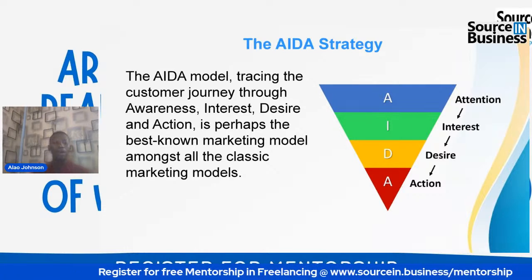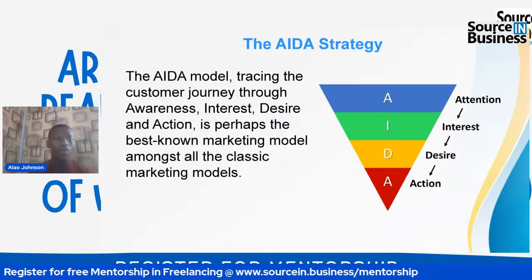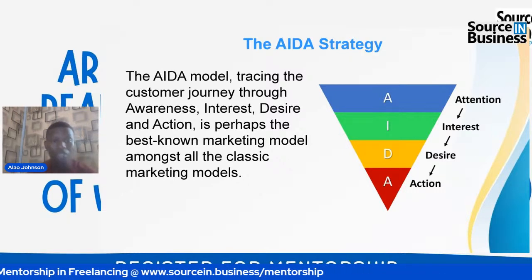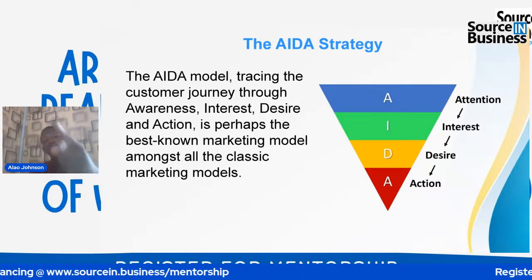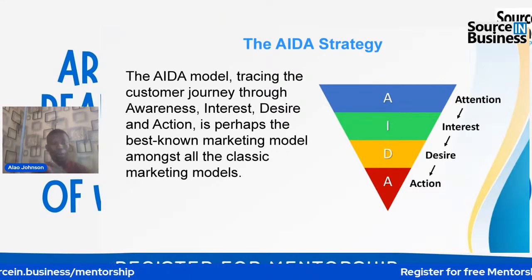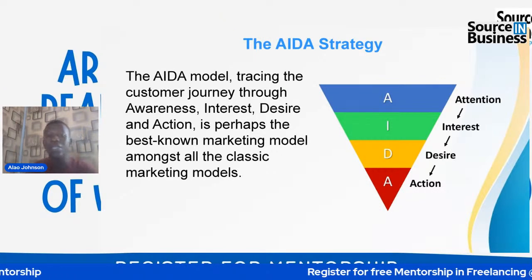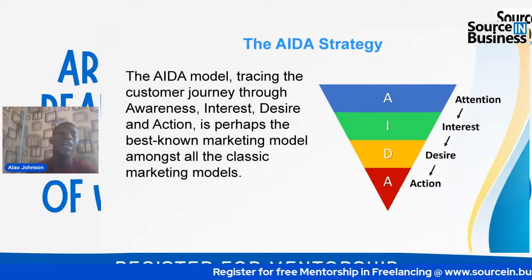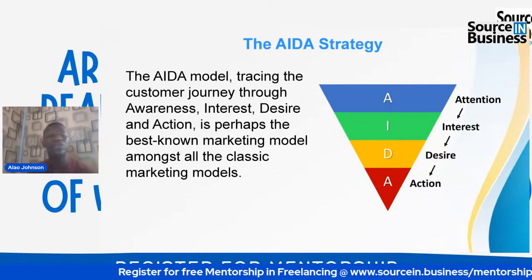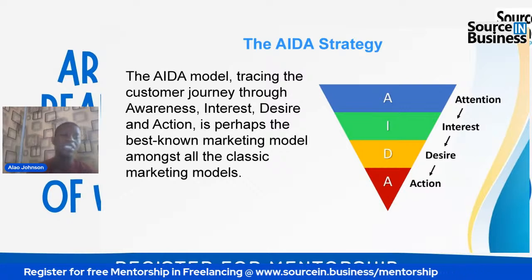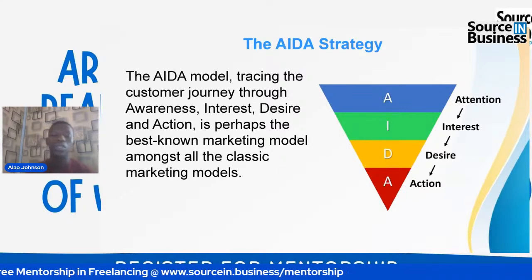When you take them through the journey, it's very easy. So I'm going to be showing you how you are going to do that through maybe email marketing or WhatsApp marketing, and you can implement this to any other channel, maybe your LinkedIn, Facebook, your Instagram.